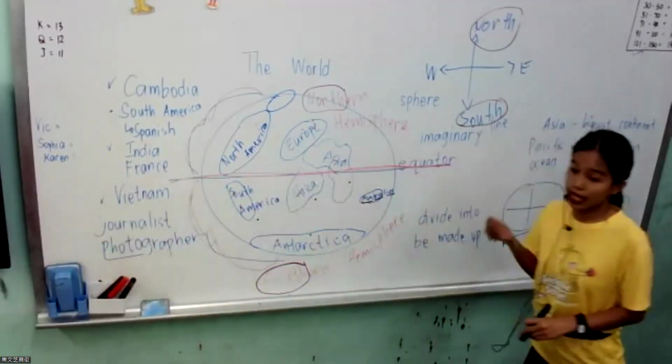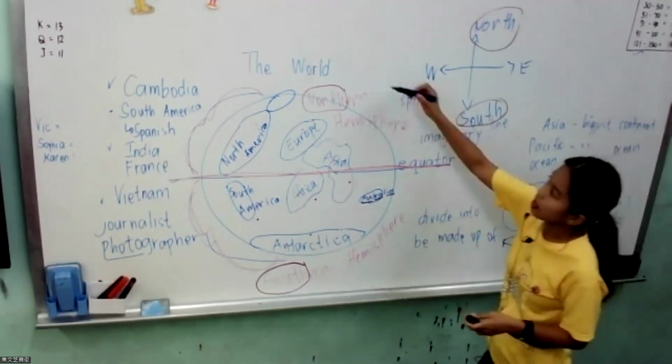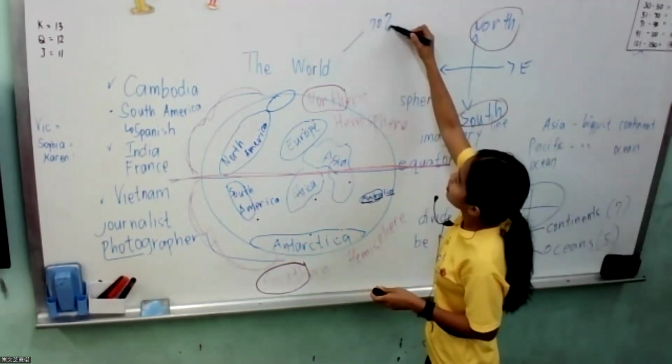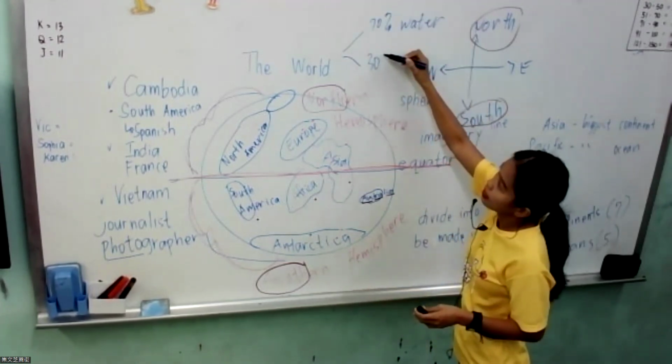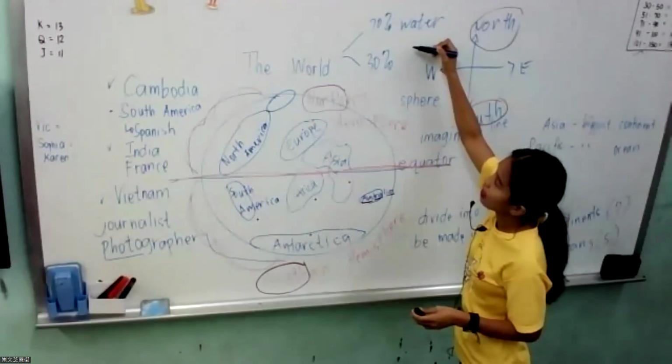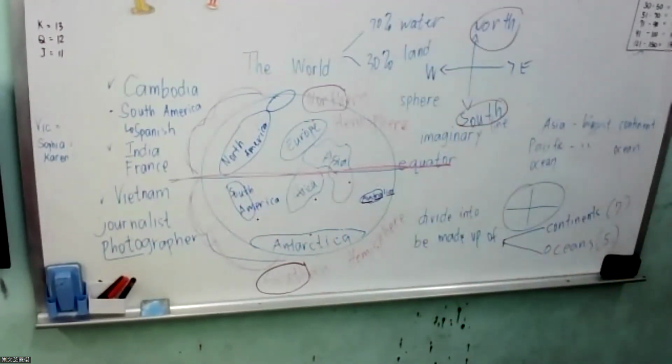The world is made up of how many percentage of land and how many percentage of water? 70% water and 30% land. Very good. Get a card.